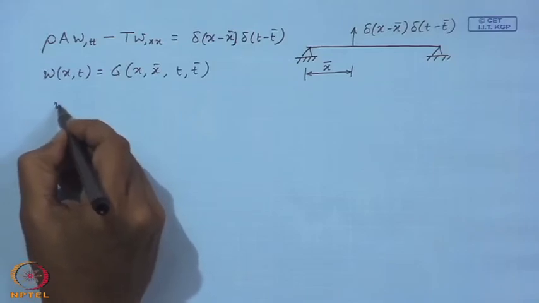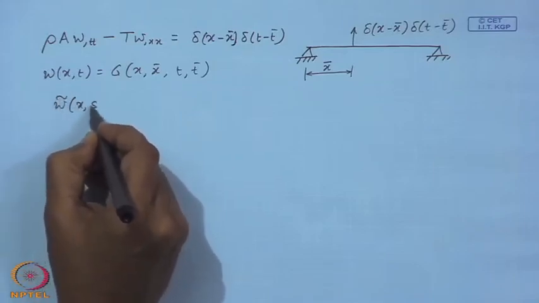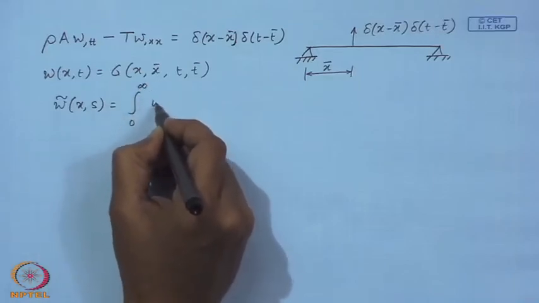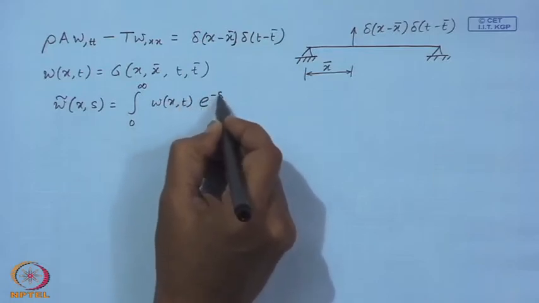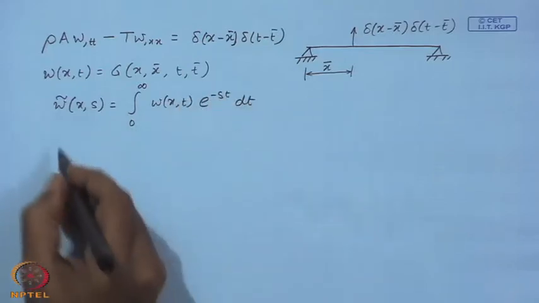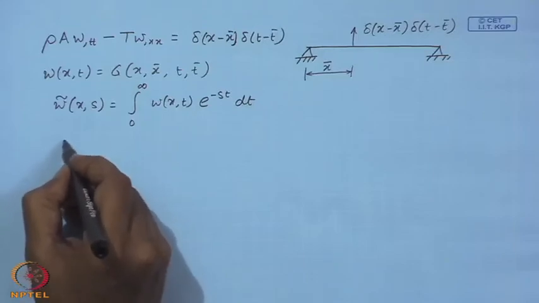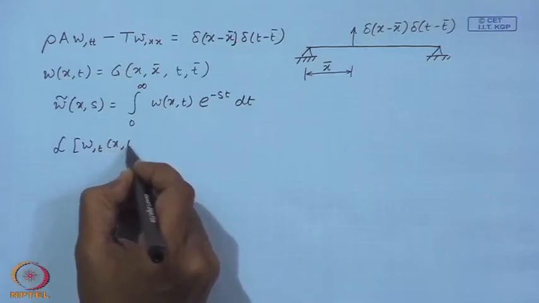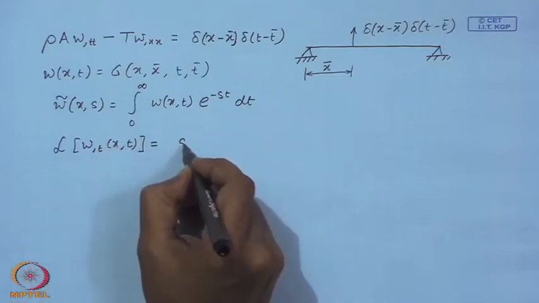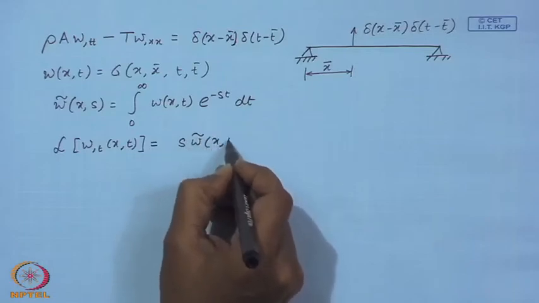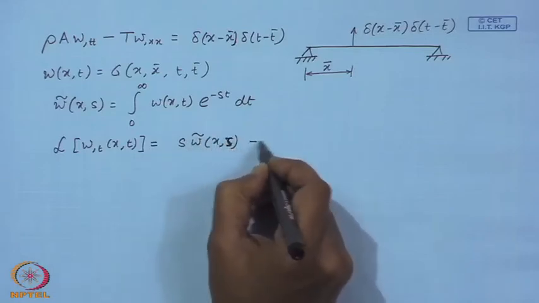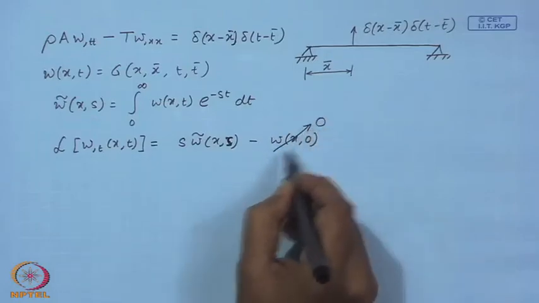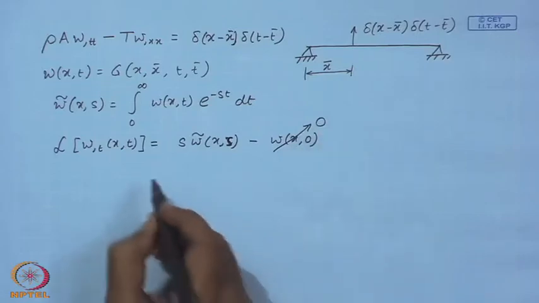So, we define the Laplace transform as follows, and we know that the Laplace transform of the second time derivative has a term which is 0 here because the initial conditions are 0.